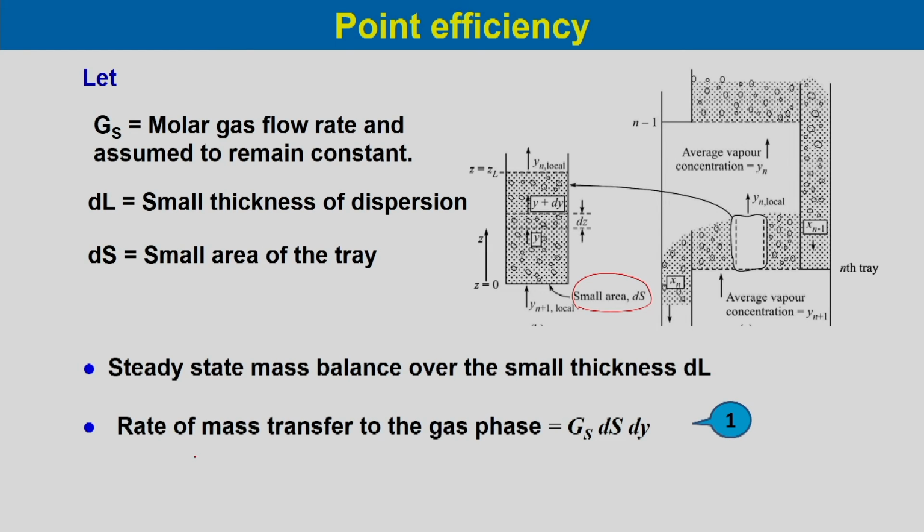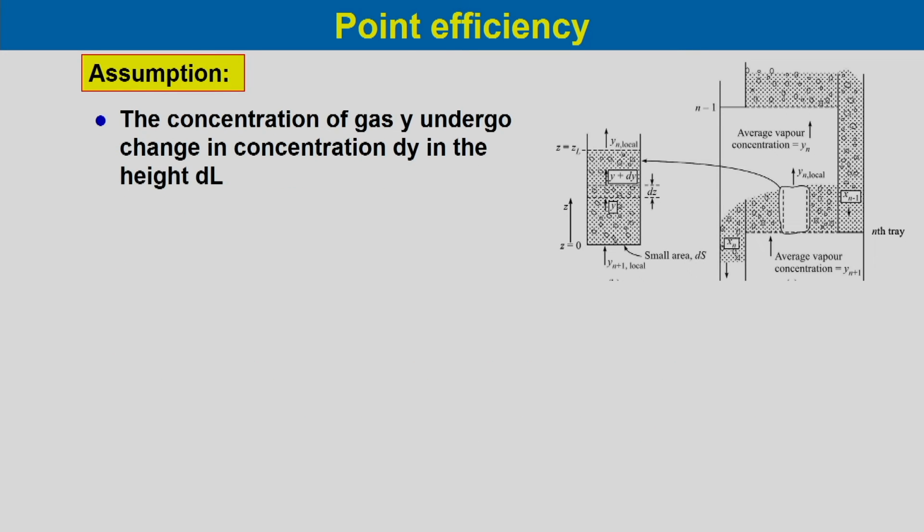Steady state mass balance over the small thickness dl. Then we can write the rate of mass transfer of gas as Gs, the molar flow rate, into the differential area of the tray, into the change of concentration dy. Now, the assumption is that the concentration of gas y undergoes a change dy in the height dl.